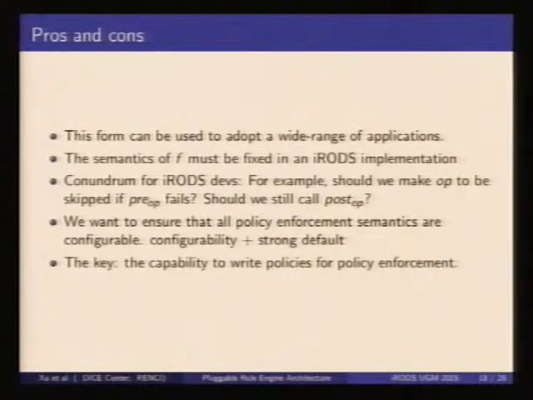Should we make op be skipped if pre-op fails, or should we still call post-op if pre-op fails? iRODS has a strong tradition of ensuring that a lot of semantics are configurable, so we want to be able to provide configurability plus a strong default.